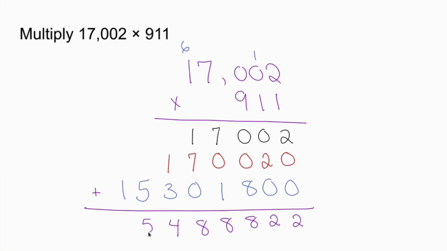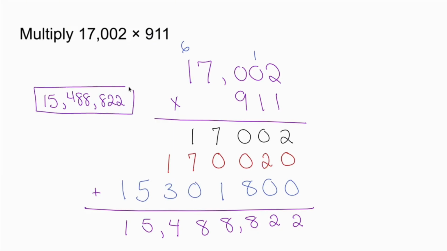Nothing plus 5 is 5. Nothing plus 1 is 1. Go from the right, 1, 2, 3, comma, 1, 2, 3, comma, and we end up with 15,488,822. Big number.